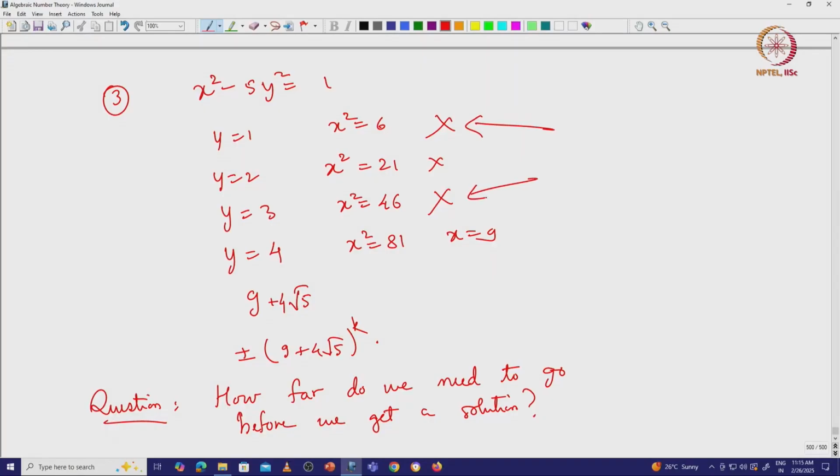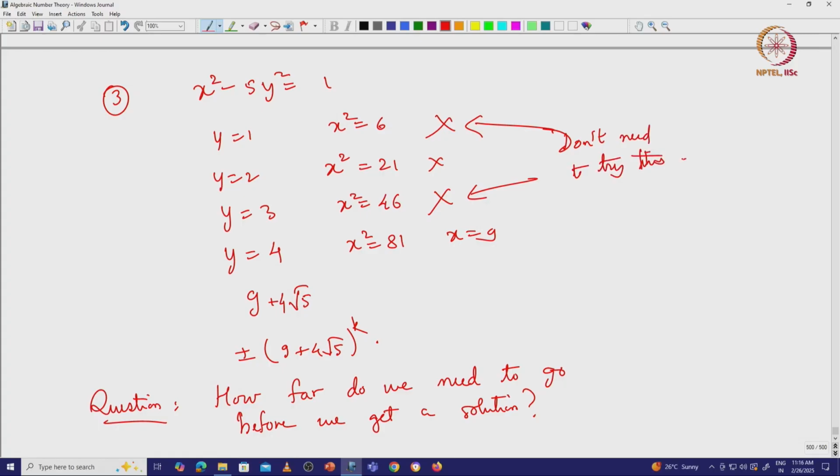You do not have to try too many values of y. For example, here you don't need to try this. Why is that?